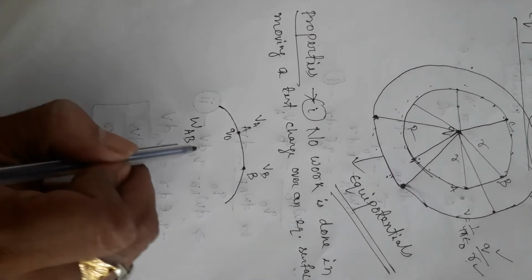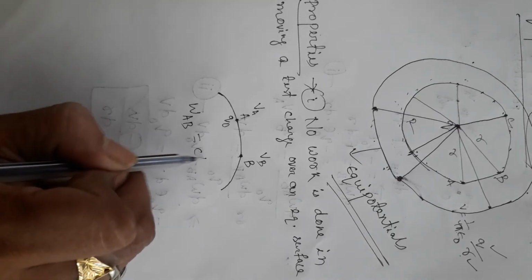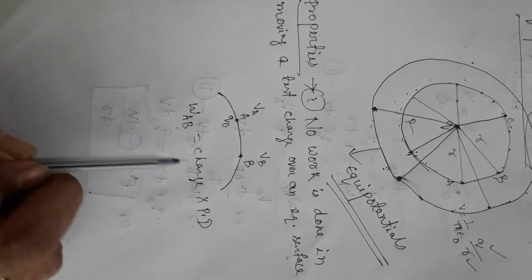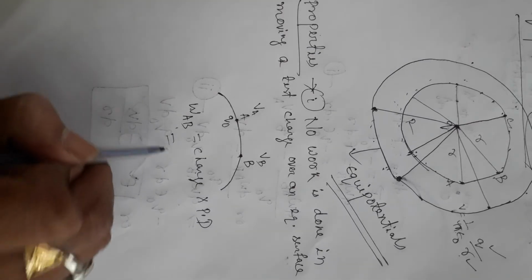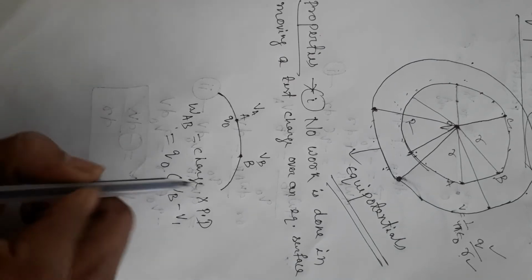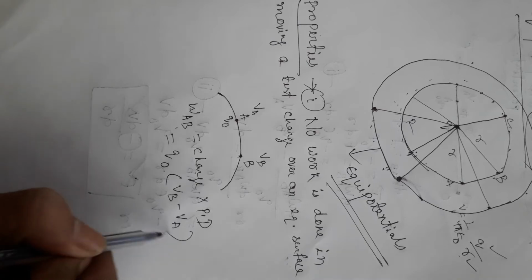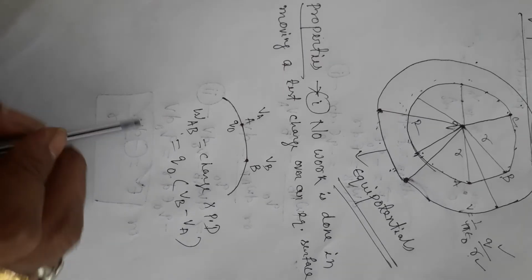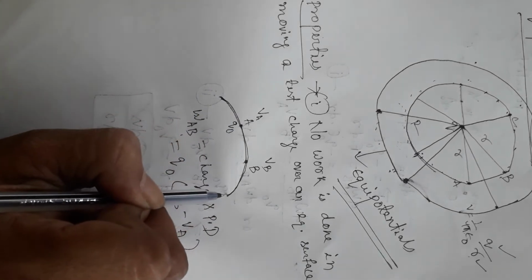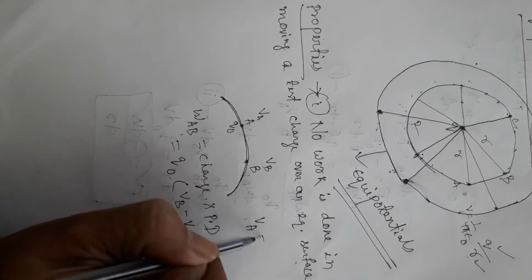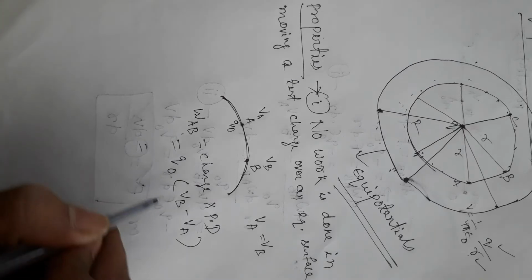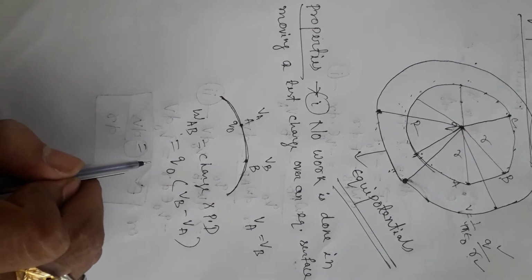So the work done W_AB is equal to charge into potential difference, that is Q naught into (VB minus VA), because the potential at B is more than the potential at A. But since this surface is an equipotential surface, VA is equal to VB, the potential at each point is the same, so VB minus VA is equal to 0.